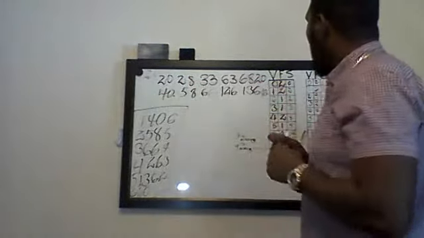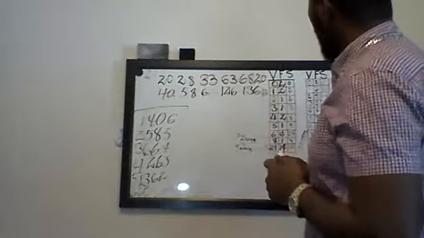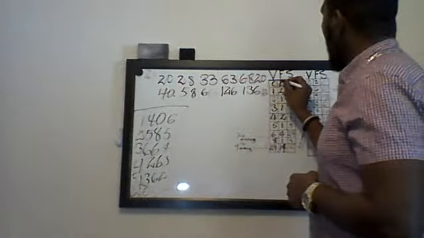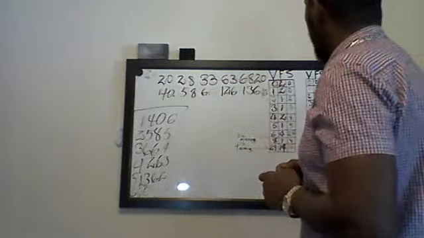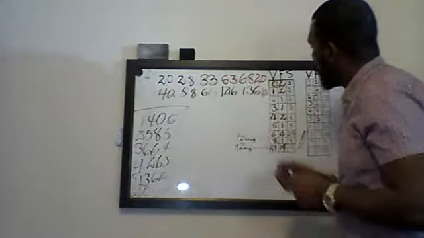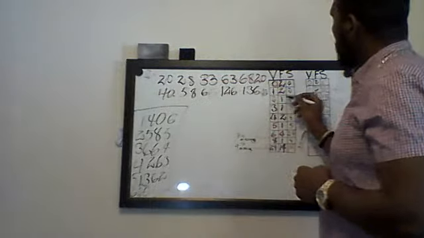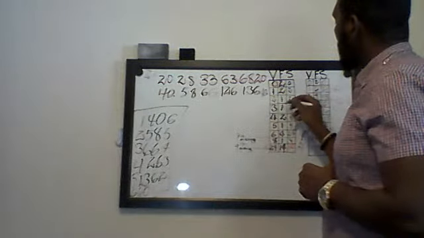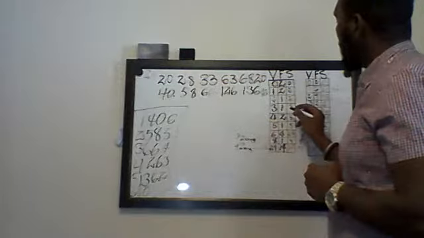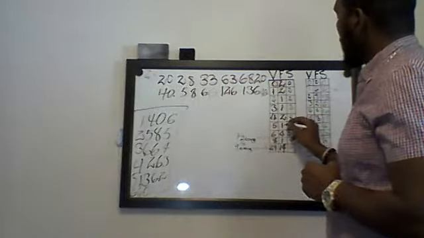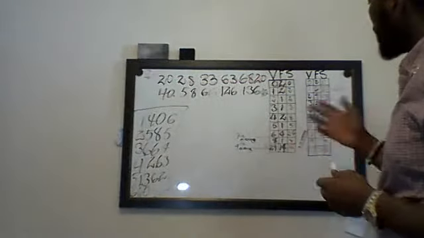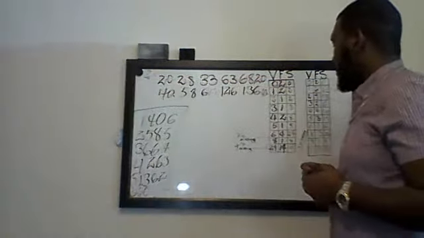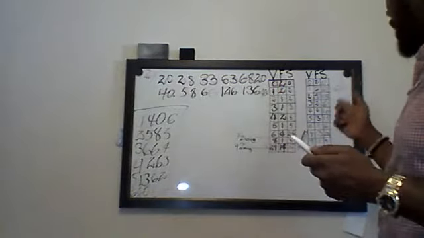So we start from the top. 2 times 0 gives me 0. 2 times 1 gives me 2. 1 times 2 gives me 2. 1 times 3, 3. 2 times 4, 8. 1 times 5, 5. 4 times 6 is 24. 1 times 8 is 8.